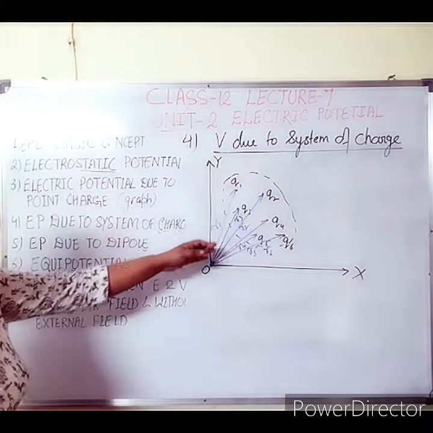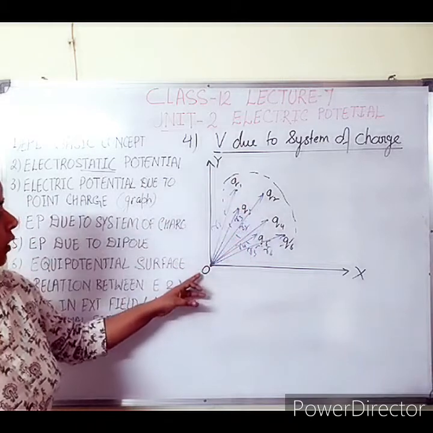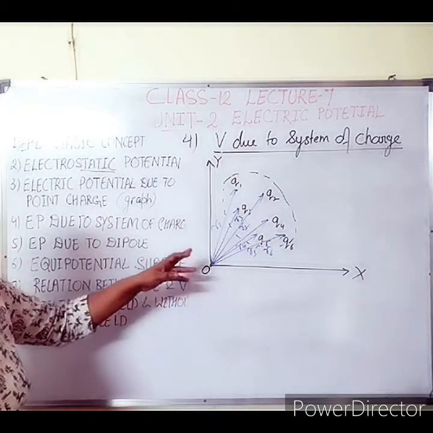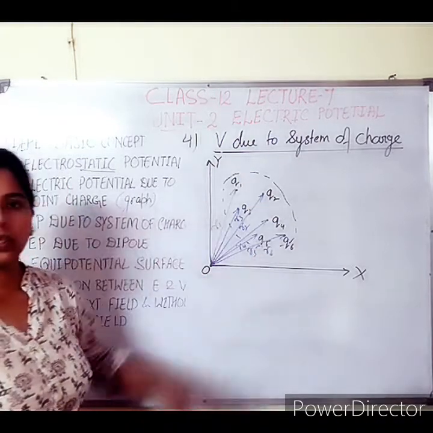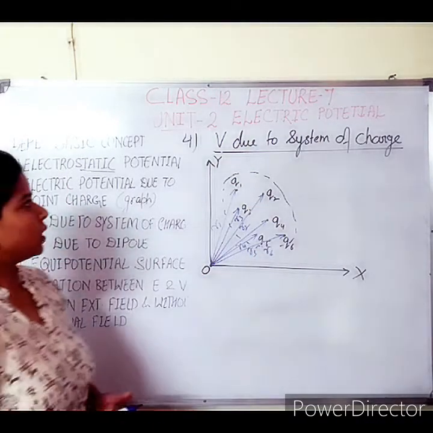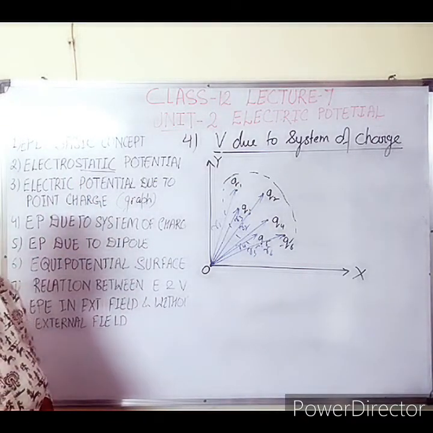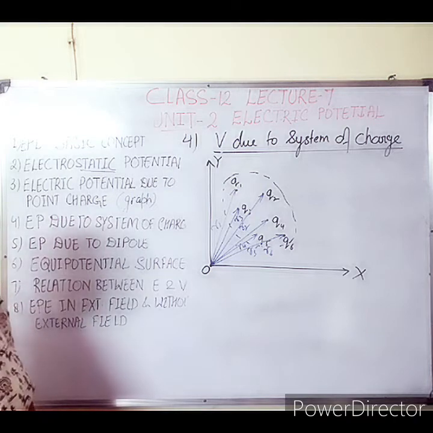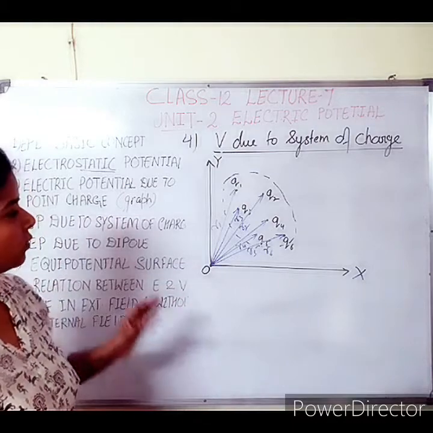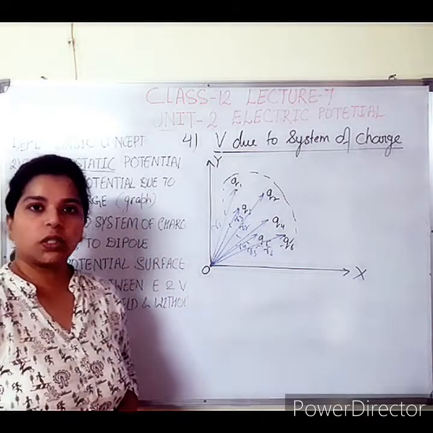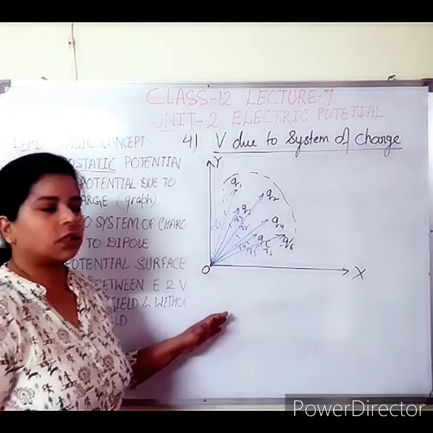These are the position vectors of different source charges in a system, and we are calculating the electric potential at point O due to this system of charges. You know that electrostatic potential is a scalar quantity, so we always consider the sign of the source charge. If the source charge has a plus sign, we have to consider the plus sign. If the source charge has a minus sign, then we have to write the minus sign in the formula.